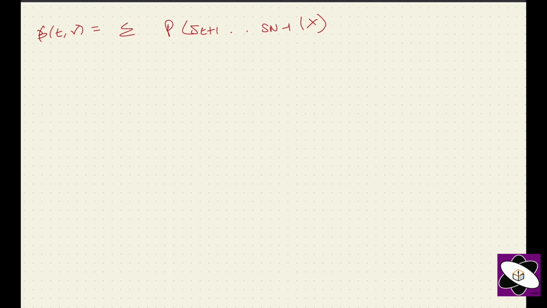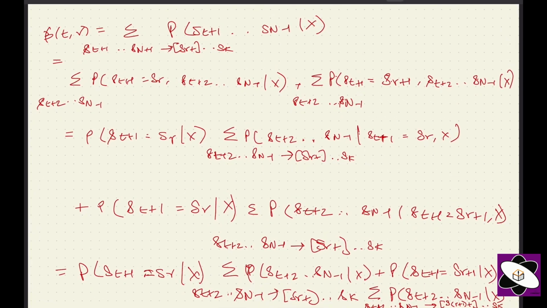Like how we did the alpha derivation, like that only we need to do. And this thing will be s_{t+1} till s_{n+1}, that is mapping to s_{r+2}, s_k, right? Now we will do the further derivation. So solving that we will get like this, s_{t+1} to s_{n-1}.